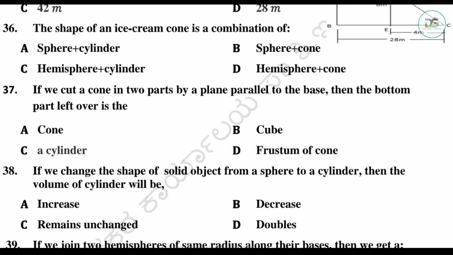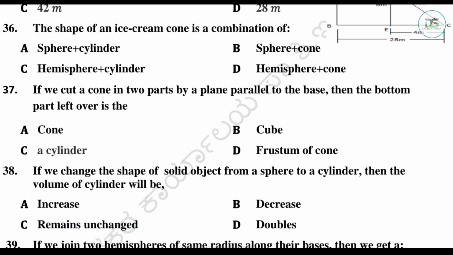So next question. If we change the shape of a solid object from a sphere to a cylinder, then the volume of the cylinder will be, options are option A, increases, option B, decreases, option C, remains unchanged, option D, doubles. Here the right answer is option C, remains unchanged.